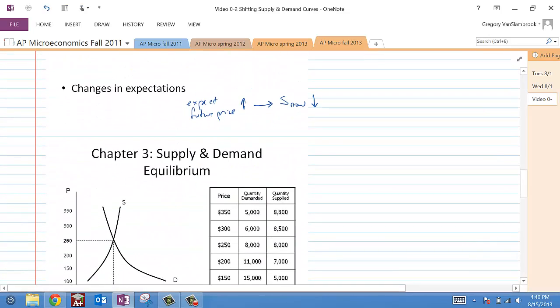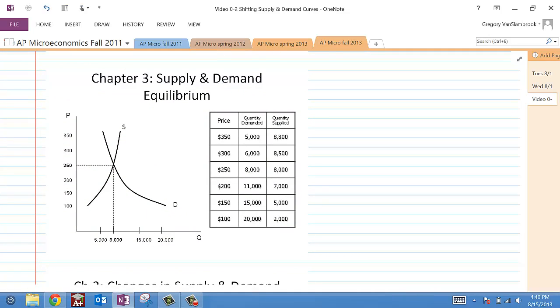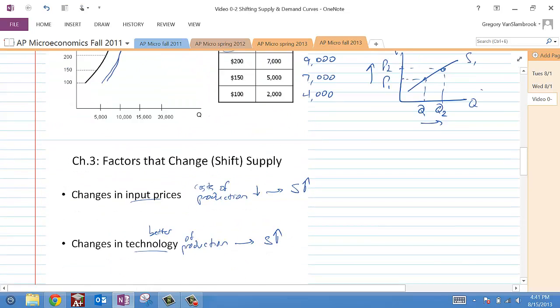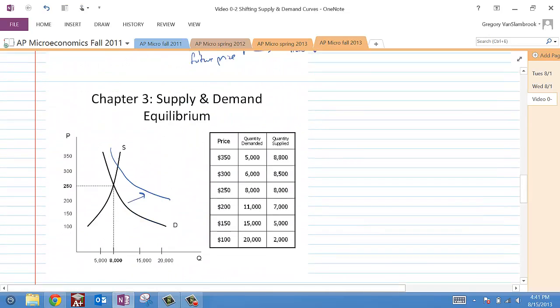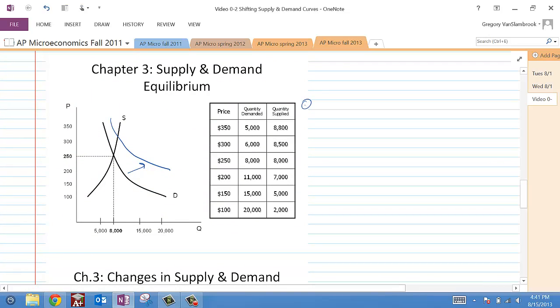Now, putting all this together into equilibrium, when you shift the curves, this is pretty easy to understand, so I'll do it rather quickly. Say that you were to increase demand on this equilibrium page. I'm going to go back and use the numbers we came up with above. I added 2,500 to each of the quantities demanded, and I'm going to do that here too. Quantity demanded 2.